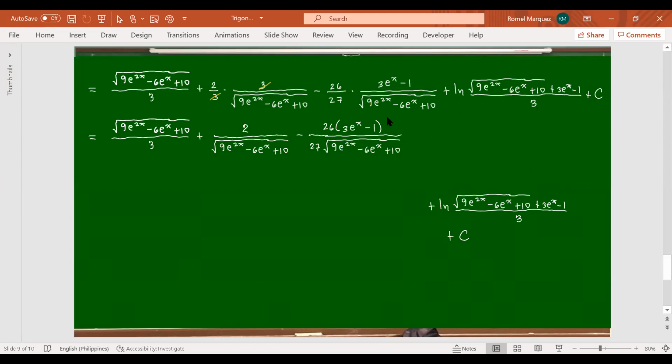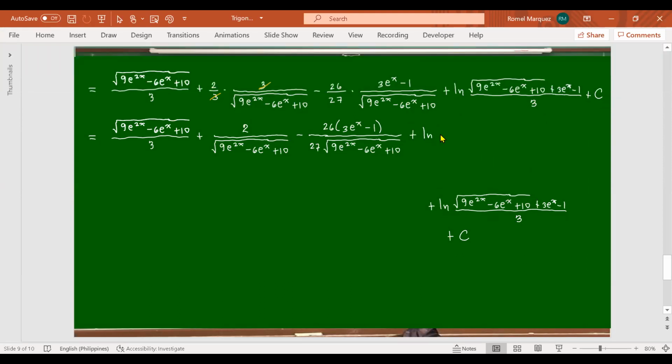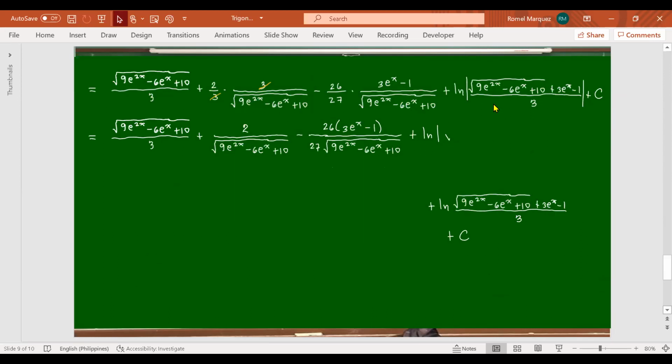So I will just have, guys, plus ln of square root of, absolute value too, no? Before absolute value also. But absolute value of ln3 is still ln3. That is minus ln3, can be included in the c.